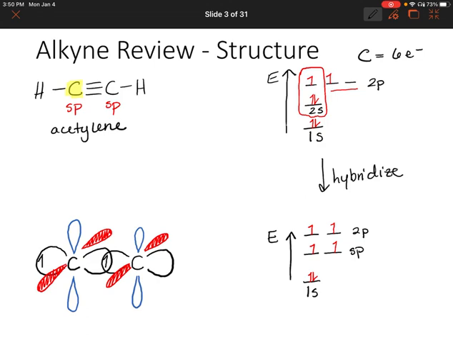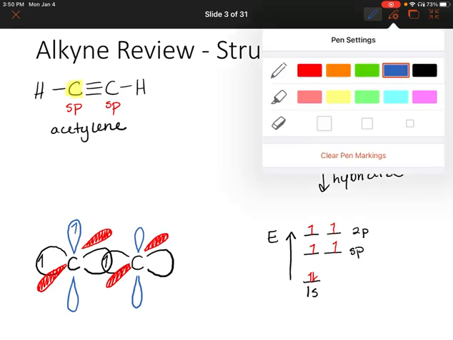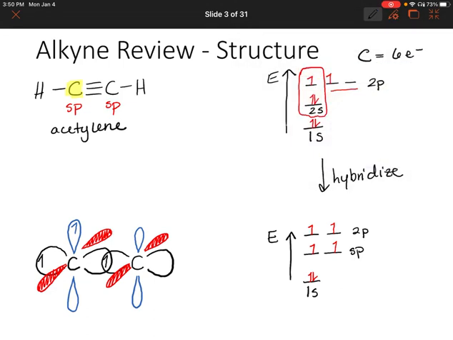Similarly, it has an electron in one of its p orbitals and an electron in its other p orbital as well. I'll draw that in black to make sure it stands out. And same thing for the other carbon on the right. That has an unpaired electron on the right-hand side and in the left-hand sp orbital.